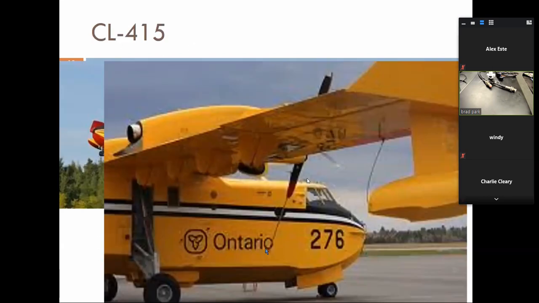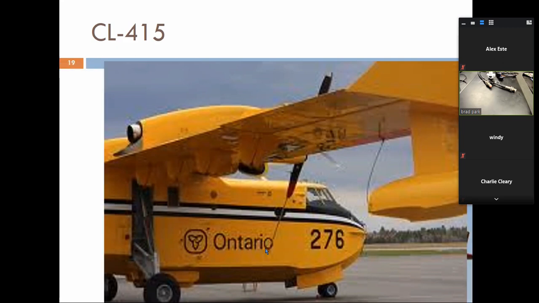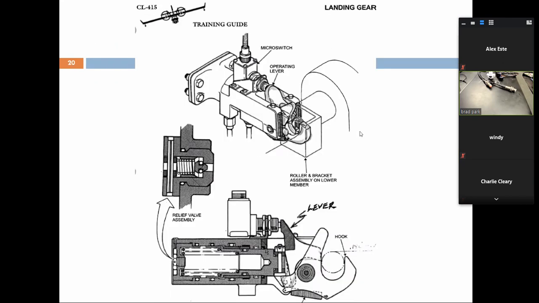So looking at the 415 for the switches, if you can see on this one, you have a lever.